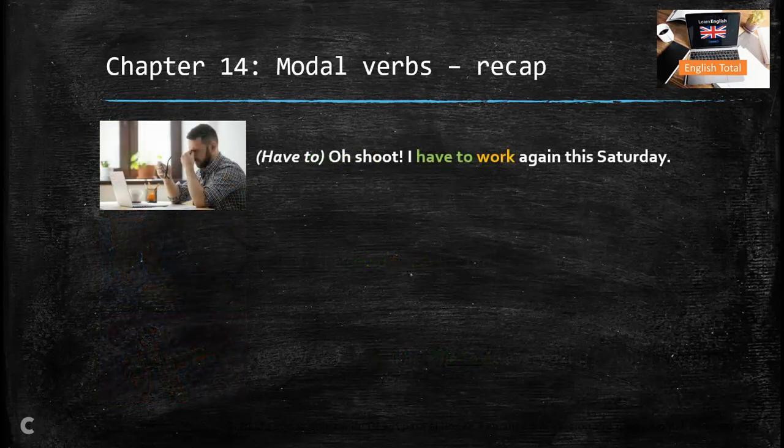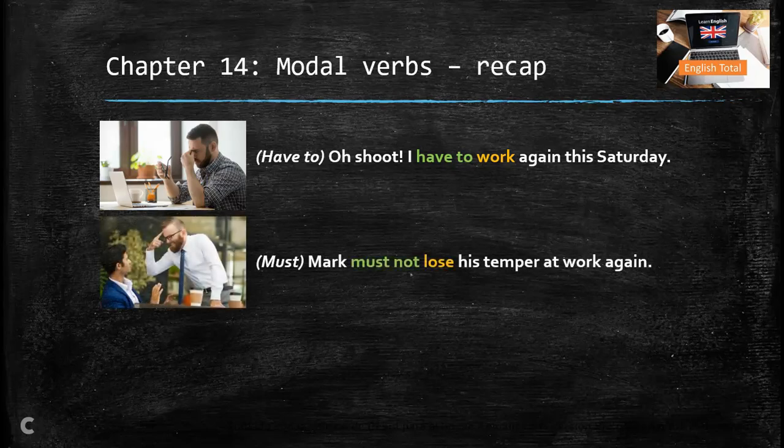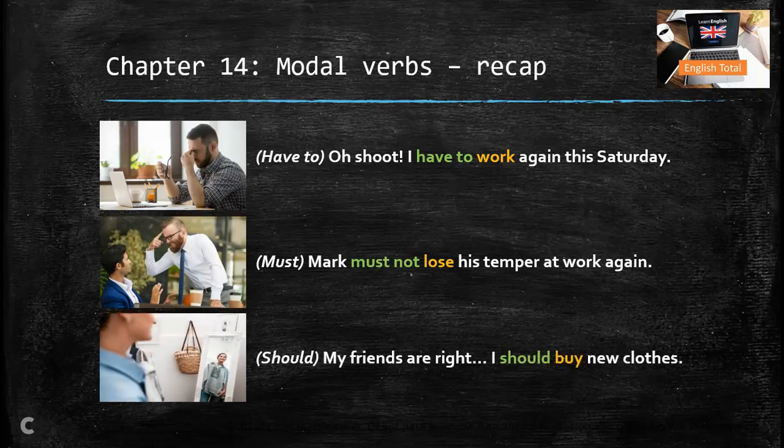To describe obligation or necessity. To describe obligation or prohibition. Or to talk about recommendation or what is advisable. Don't forget that they are always accompanied by another main verb. Great, more tools for conversation.